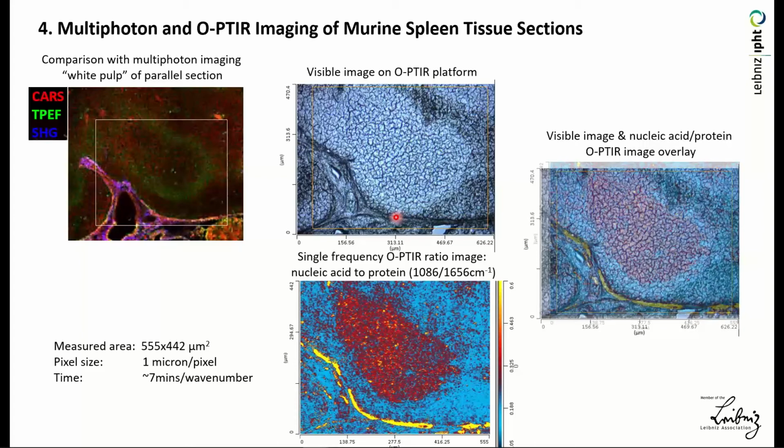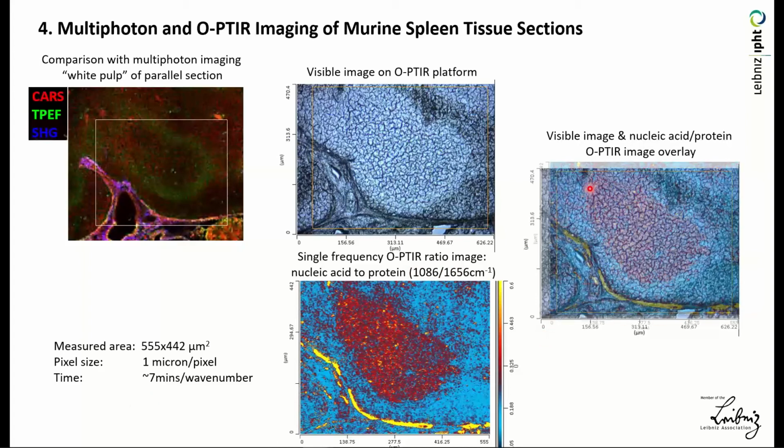There's a small change here in this area, but here the follicle is clearly visible, and the follicle is also visible in the O-PTIR imaging by plotting the ratio of this 1086 band and the amide I band. This image was collected with a pixel size of 1 micron, and the time was approximately 7 minutes per wavenumber. That means for these two wavenumbers, this was approximately 15 minutes.